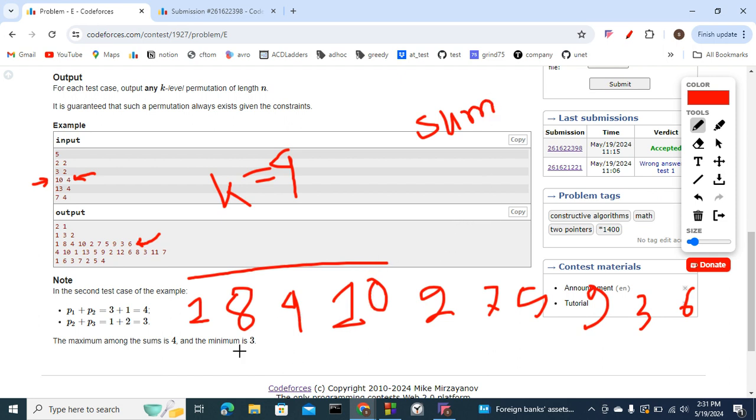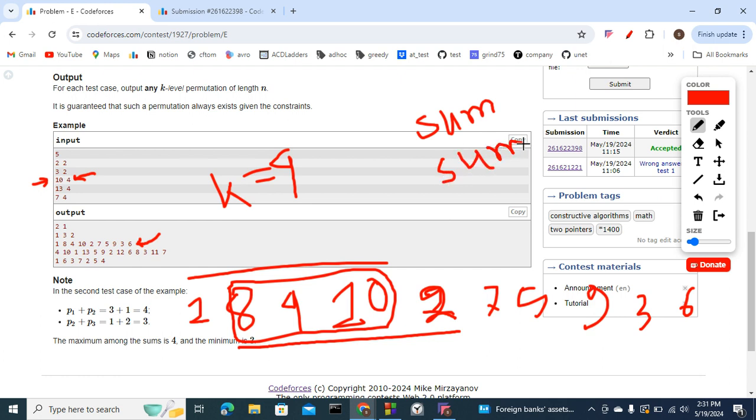Now if we consider this next segment, we can see that these three elements are the same. The only difference is that here the other element is 2, but before it was 1. So this element has increased, so the sum must increase by 1. So here the sum is sum plus 1.